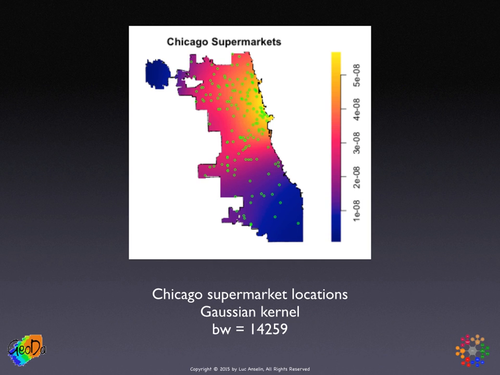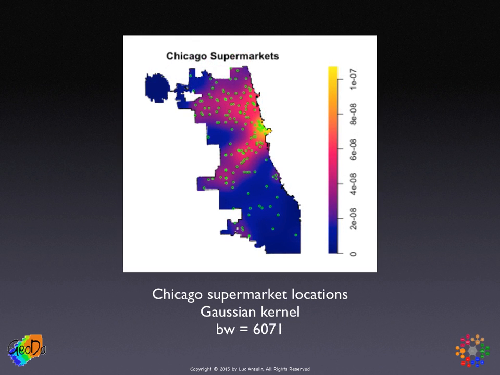It's actually very popular in visualization, and several cartographic packages and GIS packages include this. To illustrate the effect of the bandwidth, here rather than 14,000 we have 6,000, which is, as we'll see in the lab, one of the optimal bandwidths using a different criterion. And you see the distribution is much spikier, and has changed quite a bit.